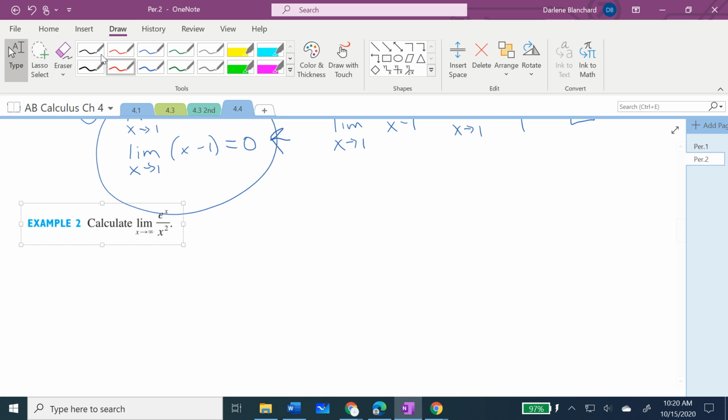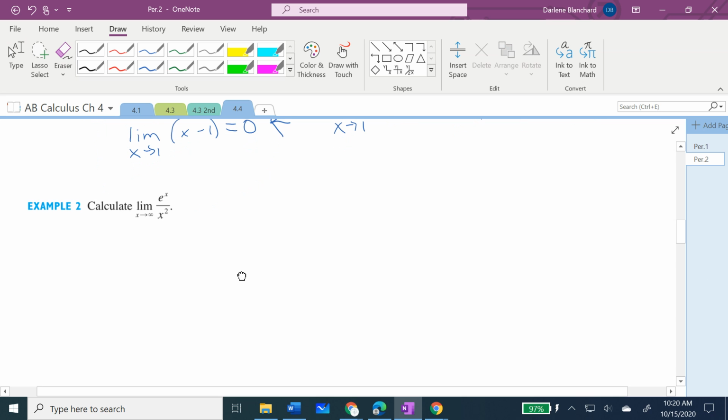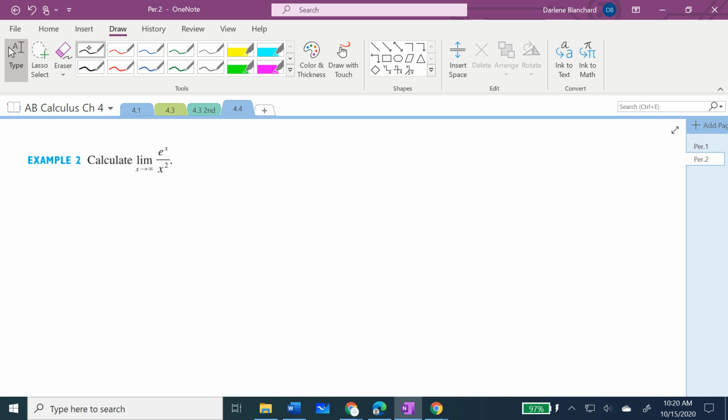All right, I'm going to erase what is coming down here. All right, here we go. What's the first thing you're going to write down? You are going to sit here and say what each individual limit is. Do not start off the fraction, start off the individuals. You have to know your graphs of all your functions.